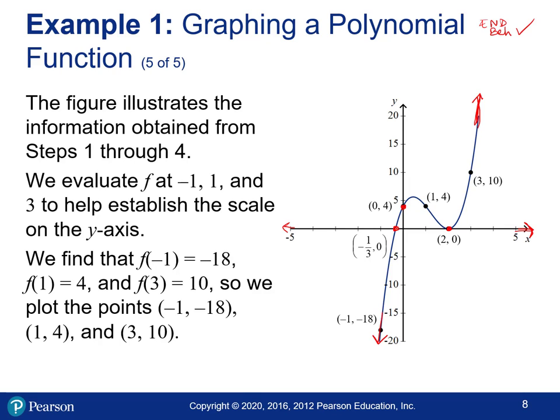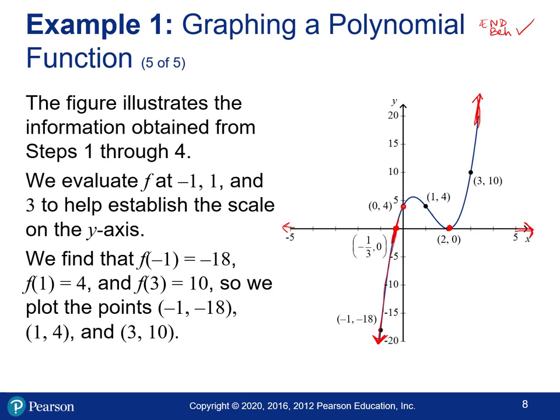And then notice at the -1/3, because it had an odd multiplicity, our graph crosses through. So we know this graph starts from down here in the down left, and then it's going to come up and cross through that point. And then we know over here at 2, it just touches.